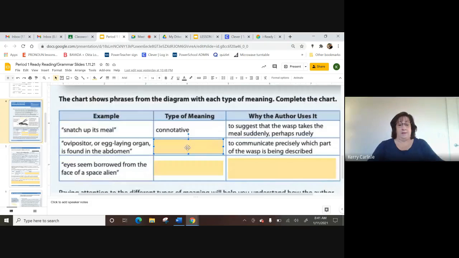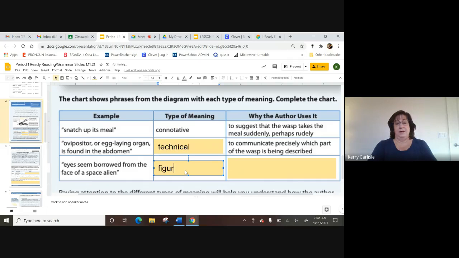You would just write technical. And the eyes seem borrowed from that of a space alien. Oh, wait a minute, they're comparing the eyes to a space alien. That's figurative language right there, right? It literally is not an alien. It just looks like that.